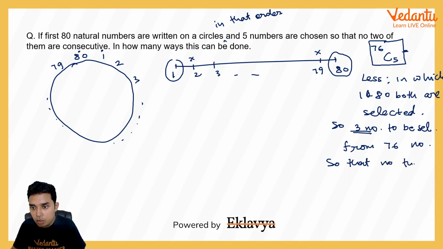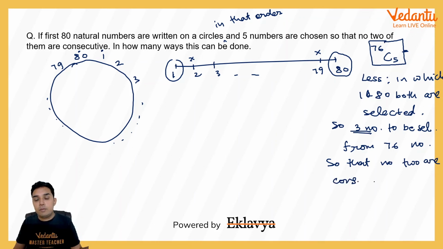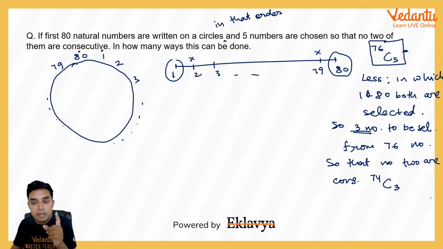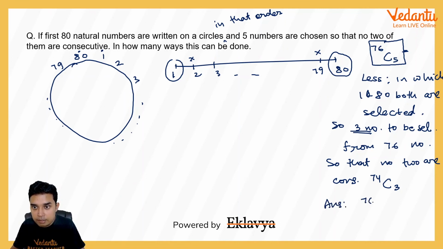If we have understood our previous method, you can do it faster. 76 means you will first place 73 white chairs, and for that we will have 74 gaps and we will choose 3. So 74C3 will be the number of ways. So here the answer would be 76C5 minus 74C3. This is my one method.